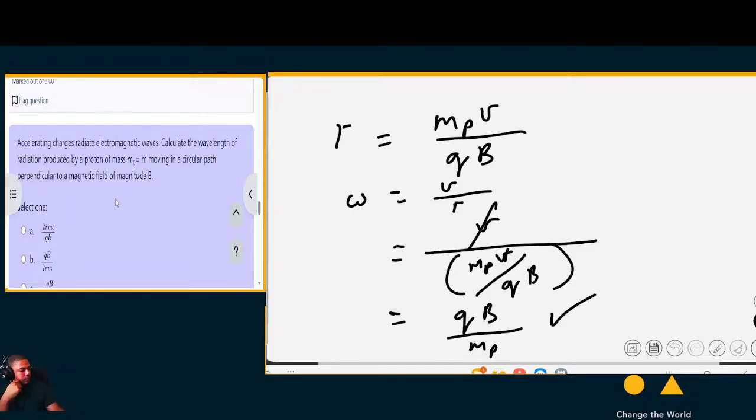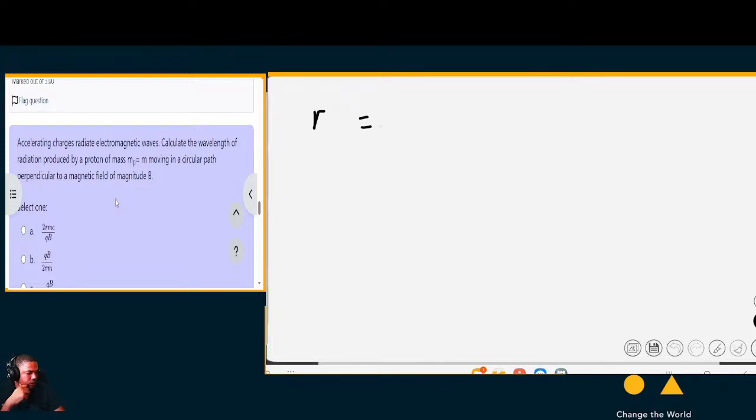Now we know frequency, this is what we want, is related to angular frequency. Did I write there that this is angular frequency, remember?